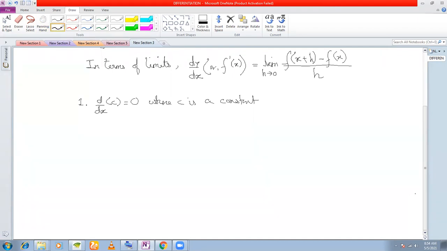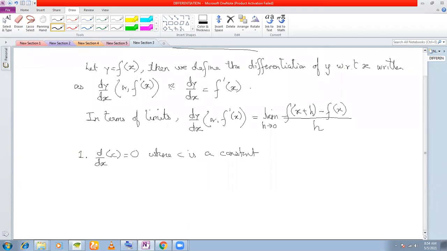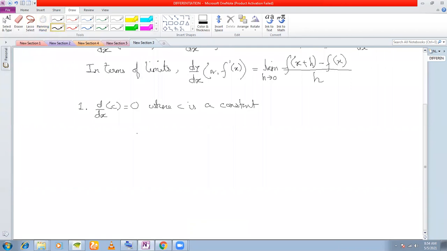When I say dy/dx, we also mean d/dx of y, and d/dx of f(x). It's all the same thing, because y is equal to f(x), y is a function of x. So that was the first result that I gave you last time.